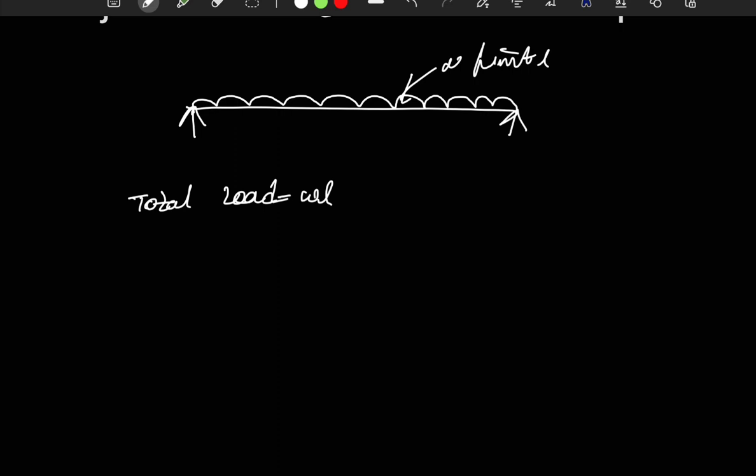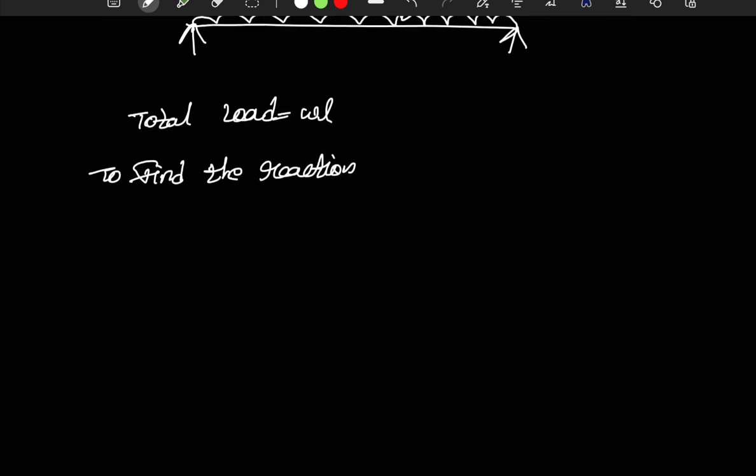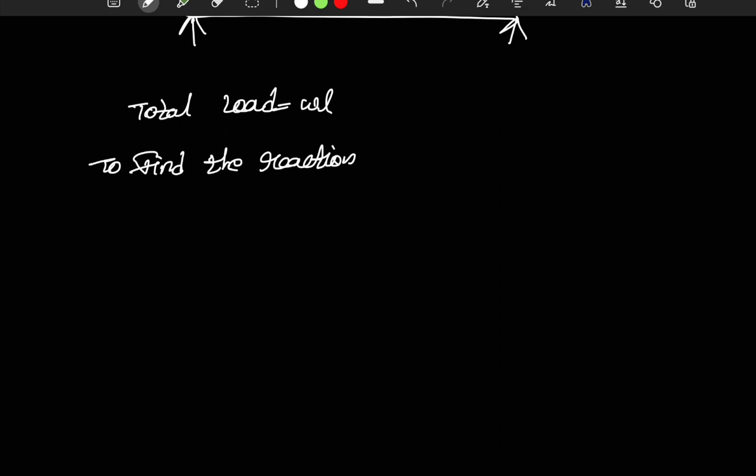To find the reactions, the loading of the beam is symmetrical, hence RA is equal to RB is equal to WL by 2.